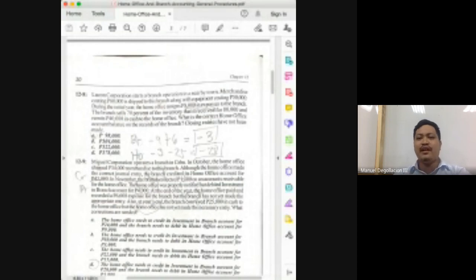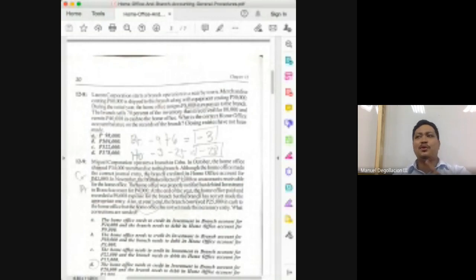Closing entries have not yet been made. Because how do we reflect the profit or loss into the home office account, class? How does the profit or loss become part of your equity account? Only after it has been closed. So if closing entries have not yet been prepared, what does that mean? Profit or loss or the income summary has not yet been closed to your equity account.